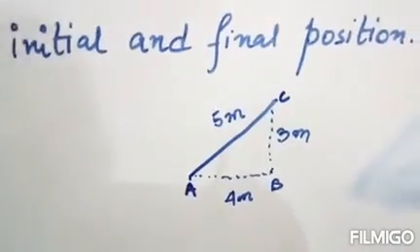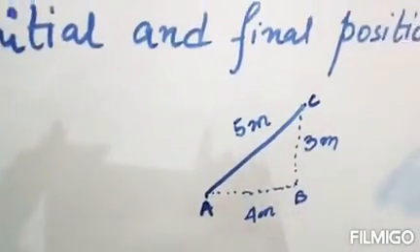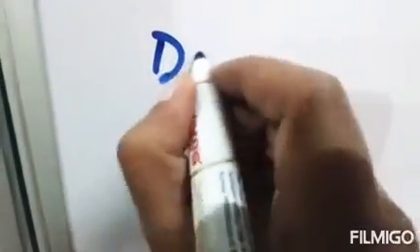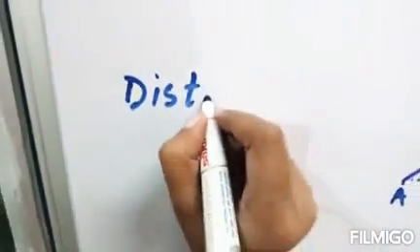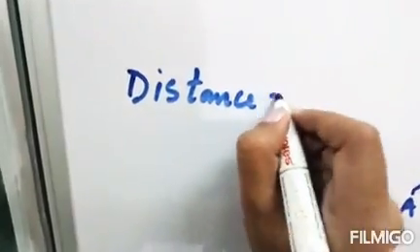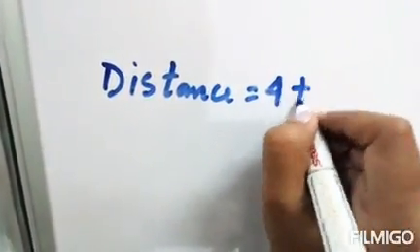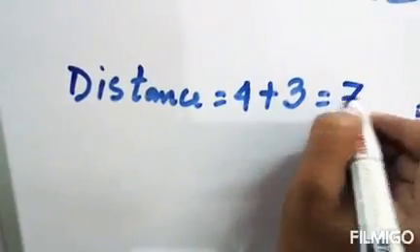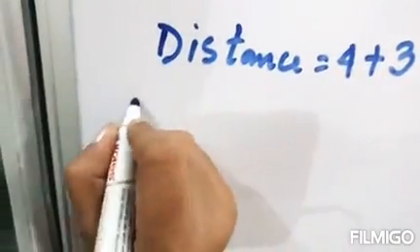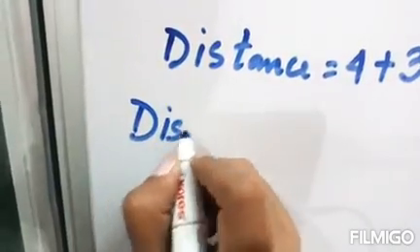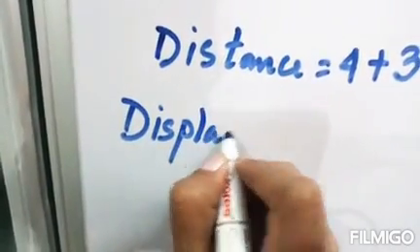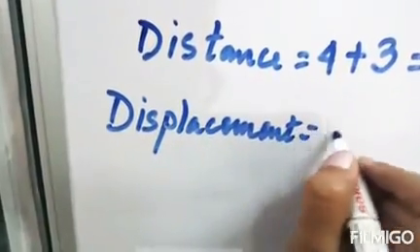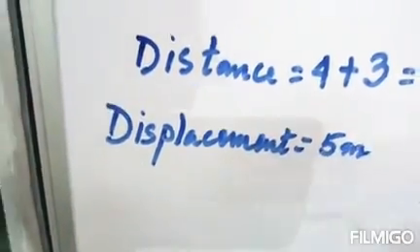So here what will be my distance? Distance will be 4 plus 3, which means 7 meters, but displacement will be 5 meters.